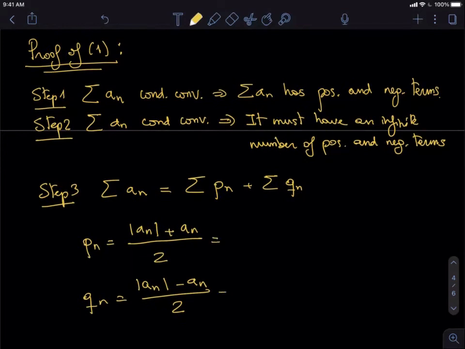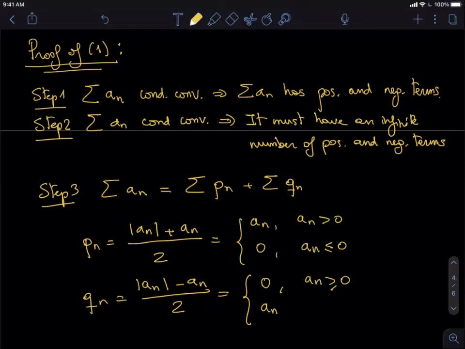And we do this because if we compute what we have here, P_n is going to be a_n whenever a_n is positive, and it's going to be 0 whenever it is non-positive. On the other hand, Q_n is going to be 0 if a_n is non-negative, and it's going to be equal to a_n if a_n is negative.